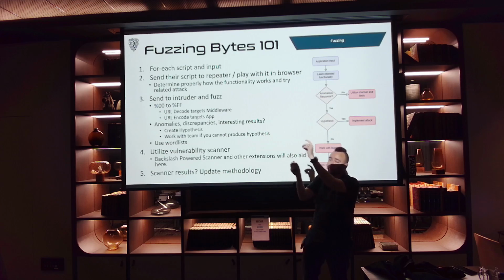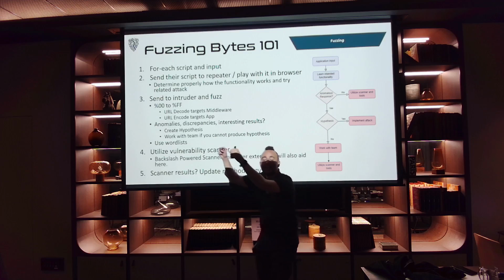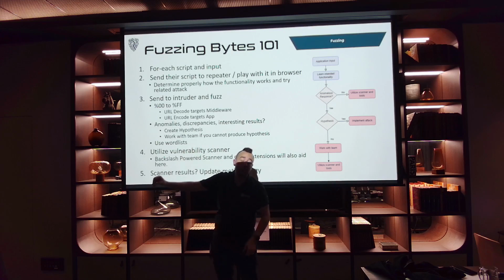You prefix with a percentage so it becomes URL encoded. That URL encoding will make sure that your data passes through the middleware and lands inside of the application, okay? So that you don't necessarily send a null byte because you might break something in between, but you want the null byte to be encoded so that it lands in the actual application you're testing.